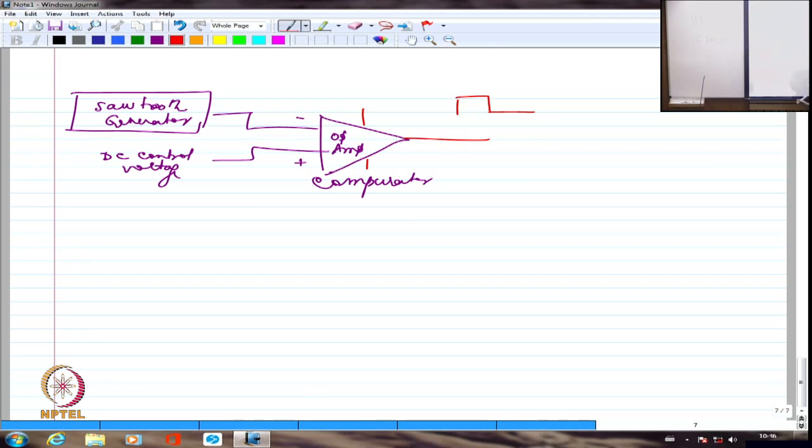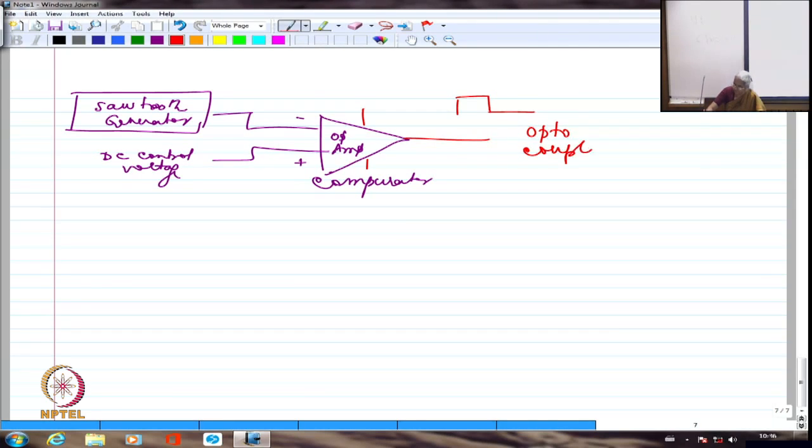Now this I could have given directly to the transistor to turn it on, provided I didn't need an isolation. But I want an isolation. So I can't give this directly to the transistor. So what we use in between is something called an optocoupler.